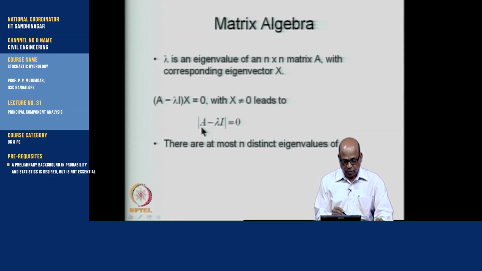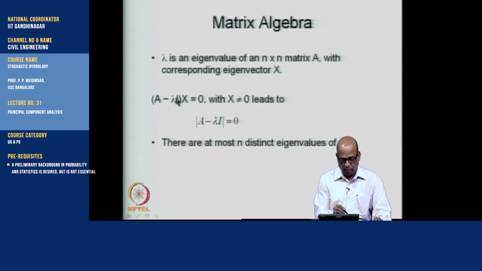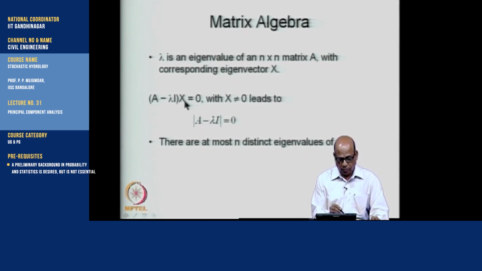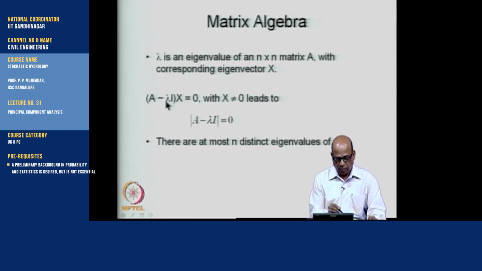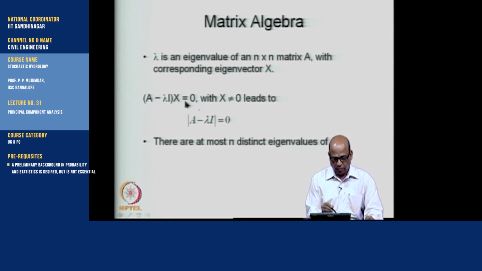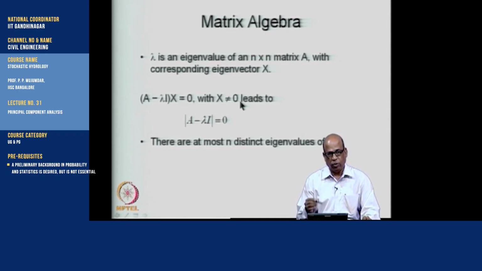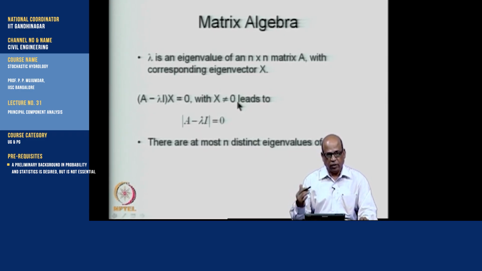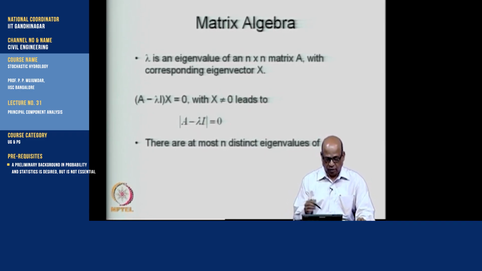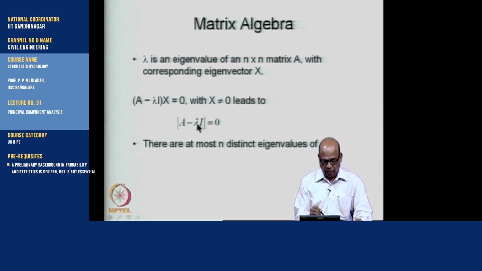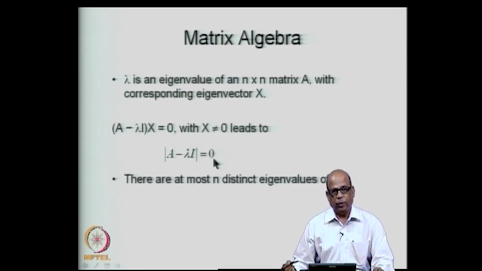That is, if A minus lambda I into x is equal to 0, you can either have x equal to 0 or A minus lambda I equal to 0, but we are saying that x is not equal to 0 because you are stating that eigenvectors exist, and therefore the determinant of A minus lambda I must be equal to 0. This is how we determine the lambda or the eigenvalues.